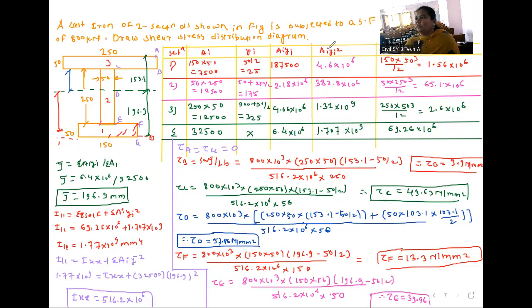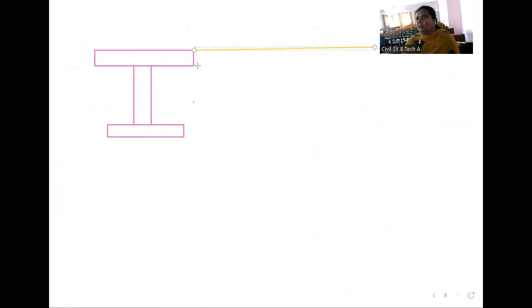And after that, you have to draw the shear stress distribution diagram. First I will draw the original figure, the unsymmetric I section that is given. Then we will extend all lines and draw the figure. Suppose this is our neutral axis.